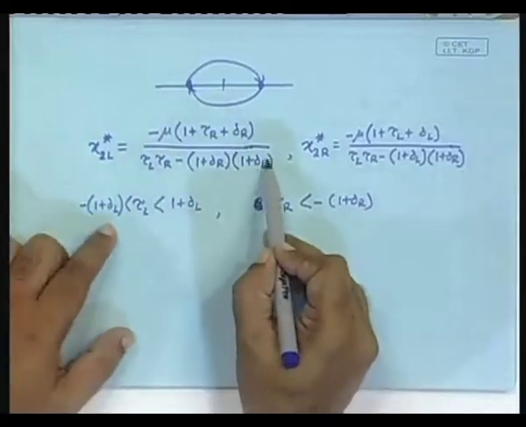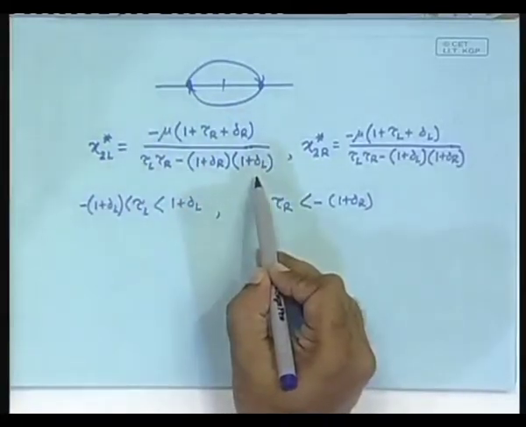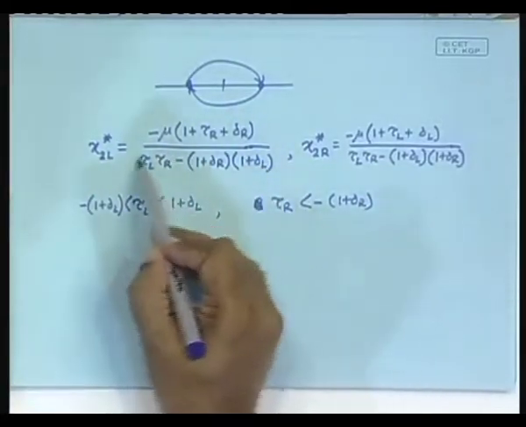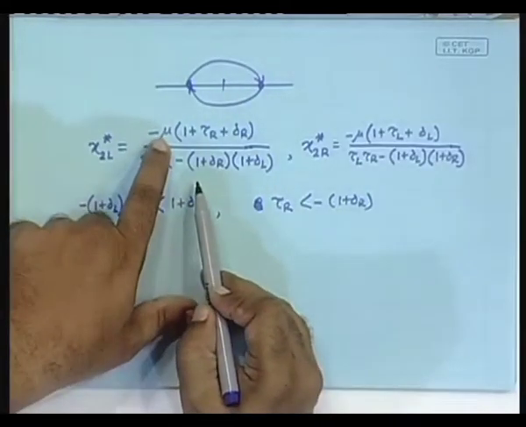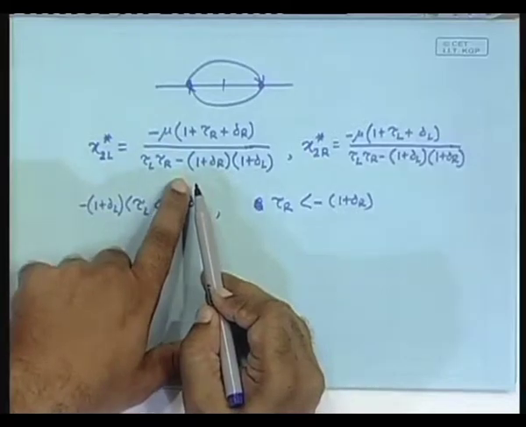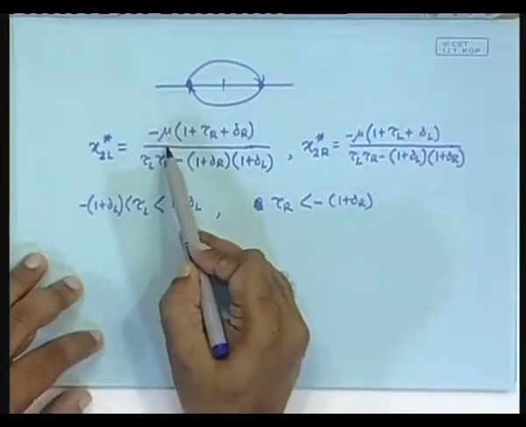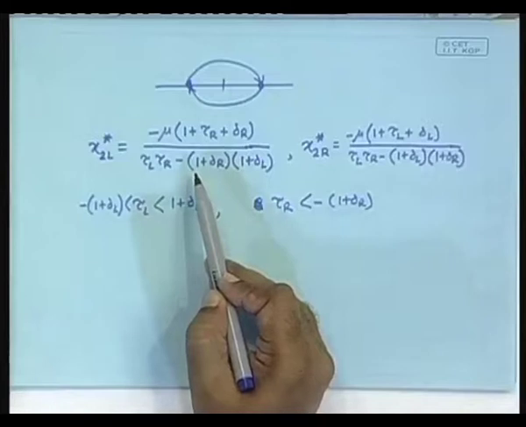Now this we do not know yet, but we have concluded that the existence will depend on mu and this in such a way that this division mu by this should be negative. Okay, clear?